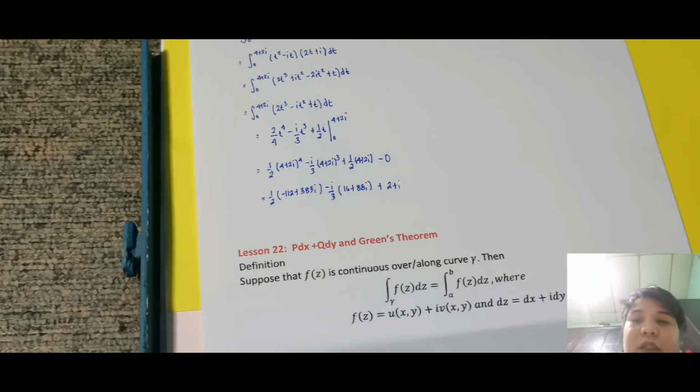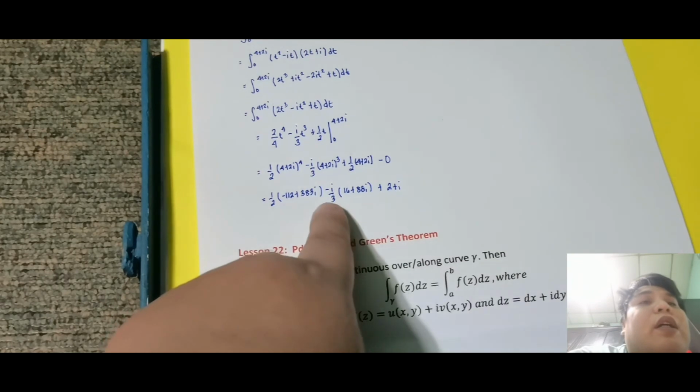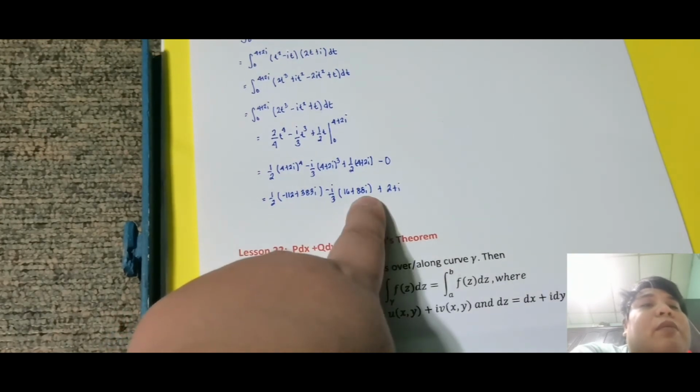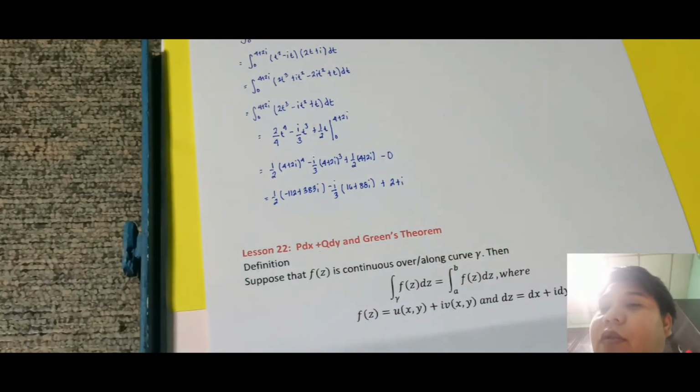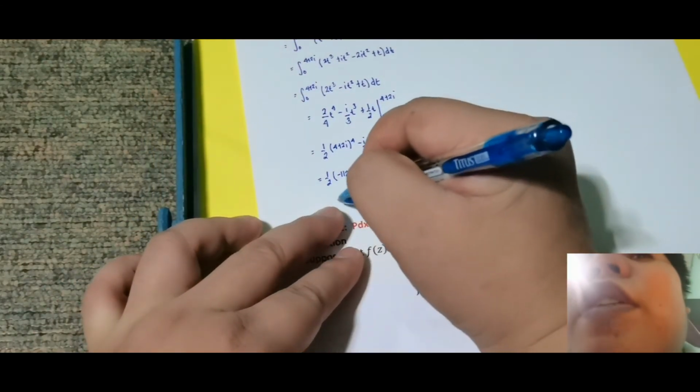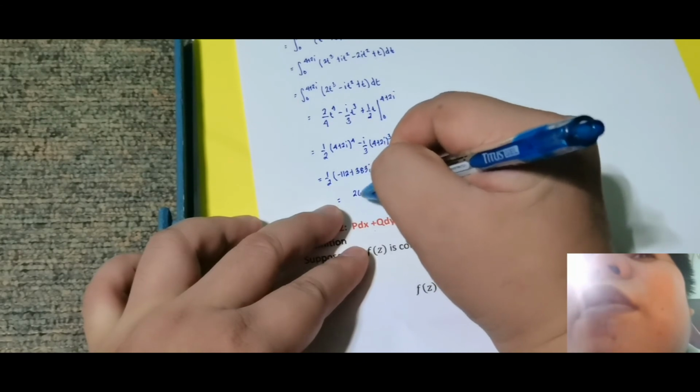Okay, then plus 88 over 3. Kasi meron dito, negative i over 3 times dito, magiging real number siya. That is 88 over 3. That is 262 over 3. Or simply 87. 262 over 3. So this is 262 over 3.